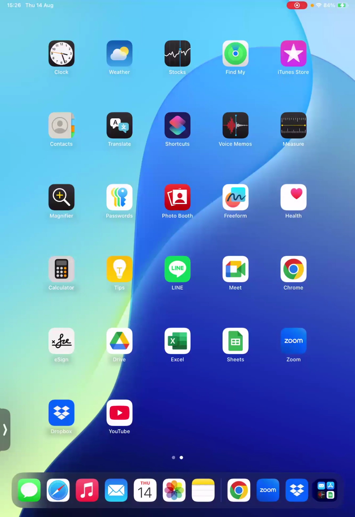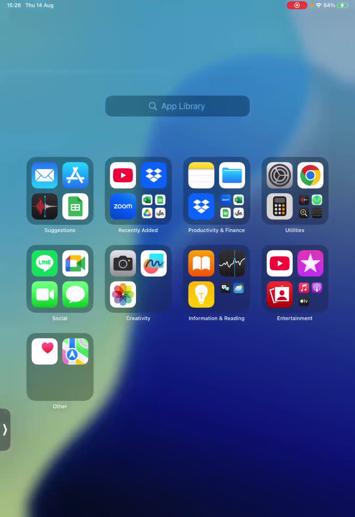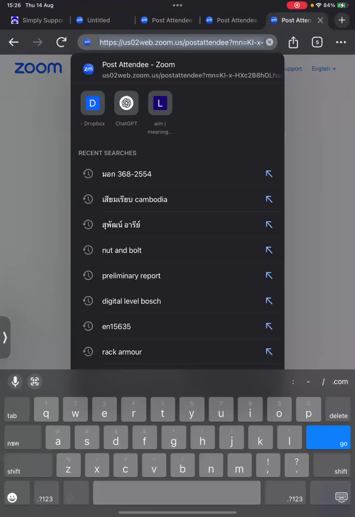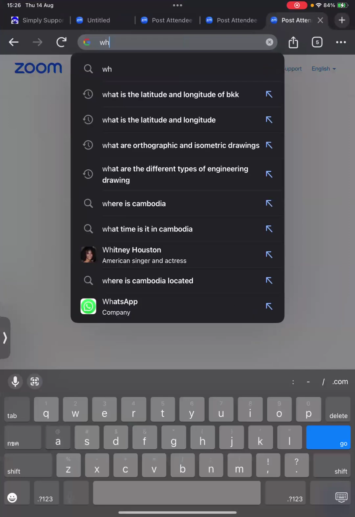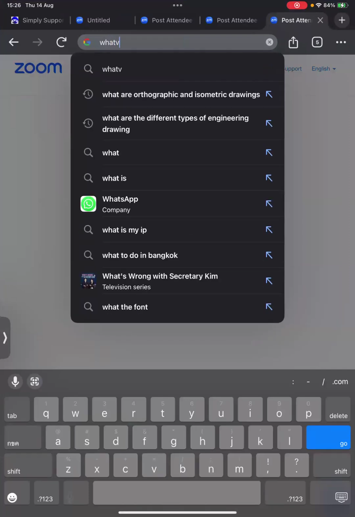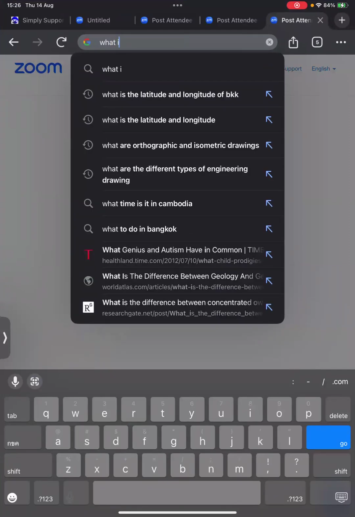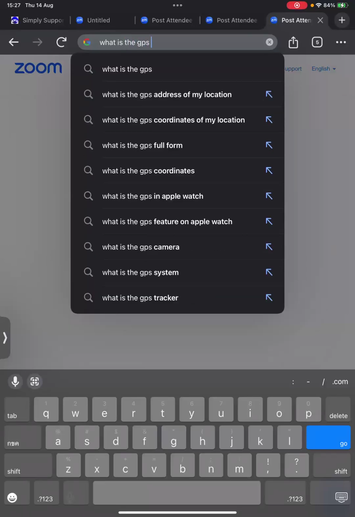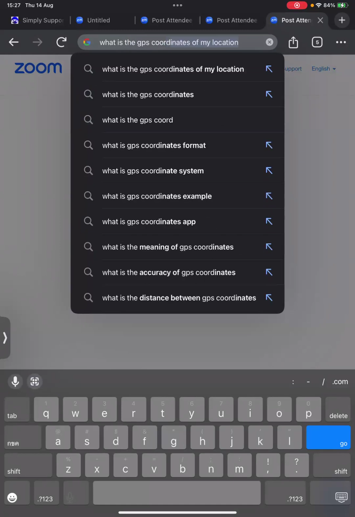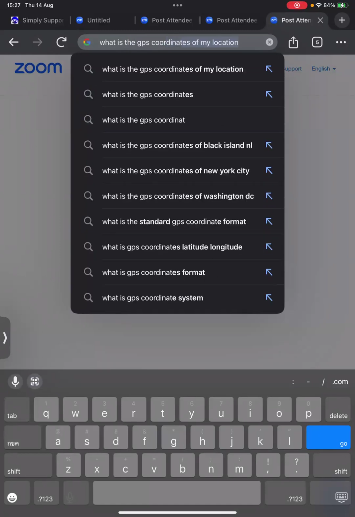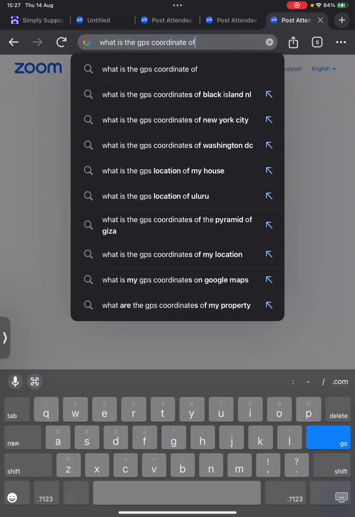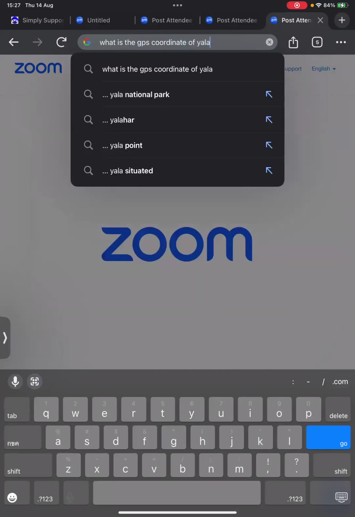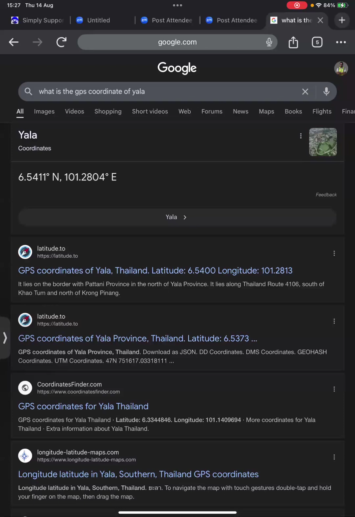How about we use this. Let's use this. What is the GPS coordinate of Yala? This is the deep south.